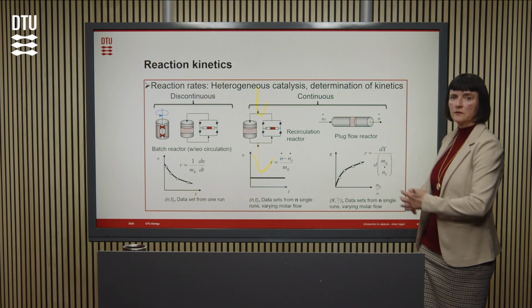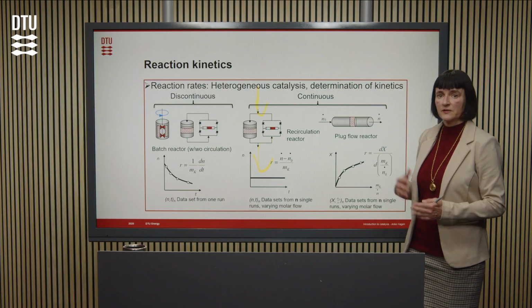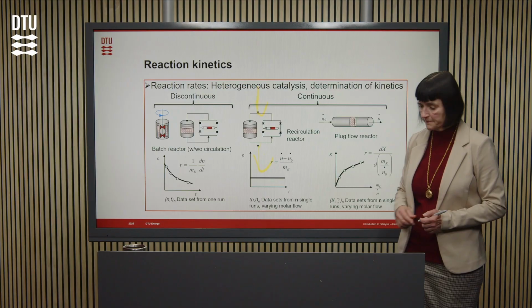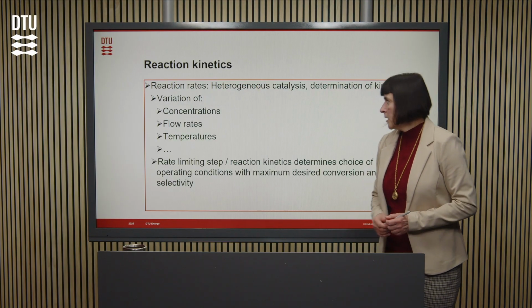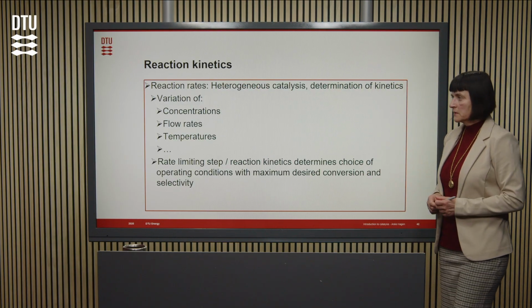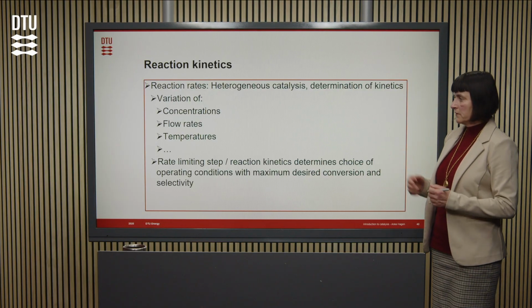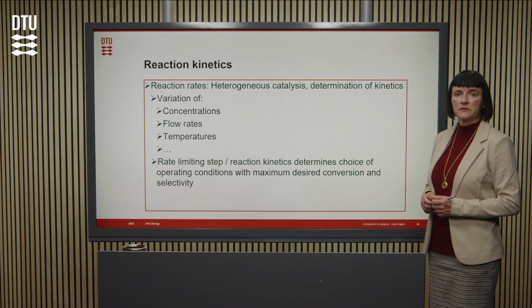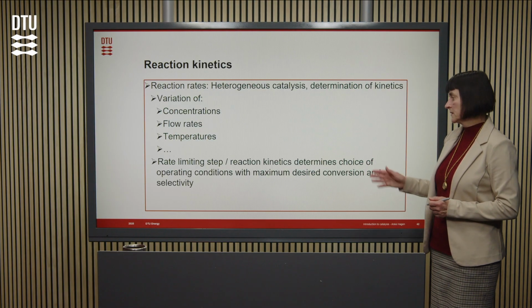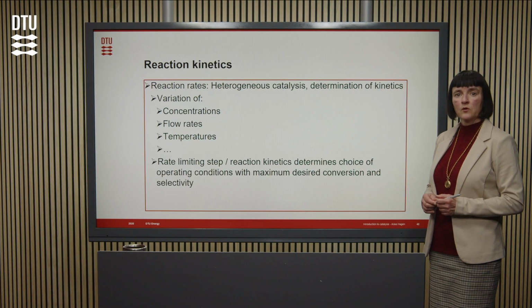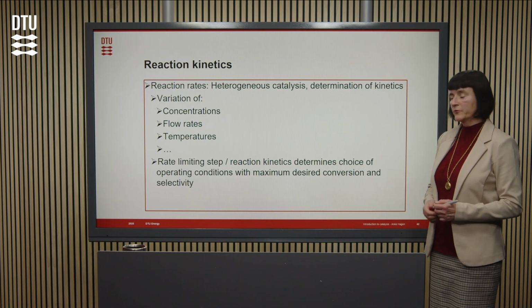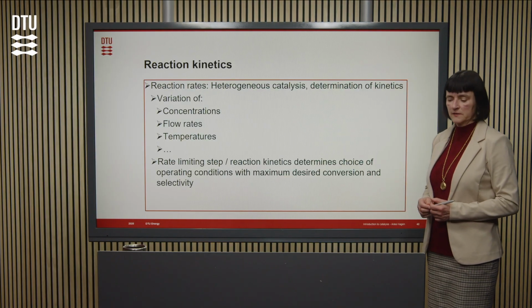And depending on how fast the reaction is or its nature, you can choose one or the other reactor concept. In order to get smarter, you can vary all the conditions, concentrations, flow rates, temperatures, and determine kinetics, activation energies. And in that way, you will also see which is the determining step that determines the overall reaction, and then, as a consequence, design your system.